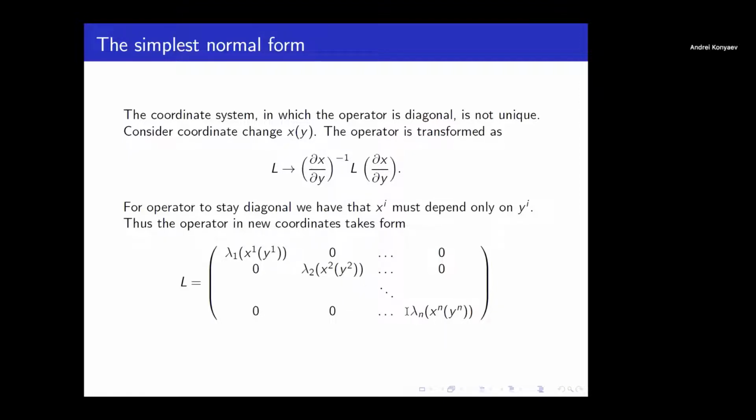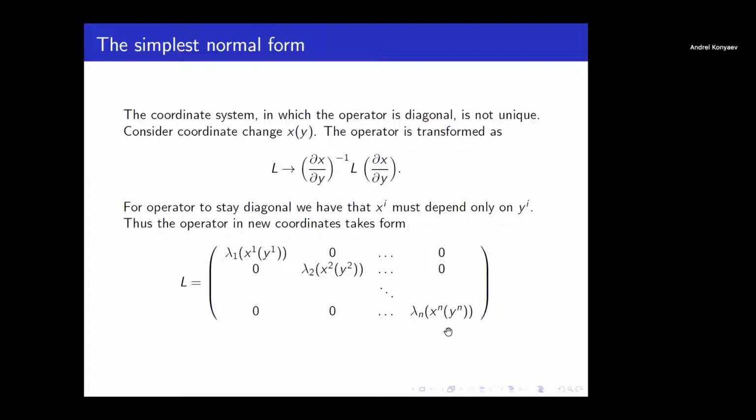We just substitute into the lambda the x depending on y. And we see that this substitution is independent in each term, in each eigenvalue. So we have an eigenfunction, right? And we substitute the coordinate inside.